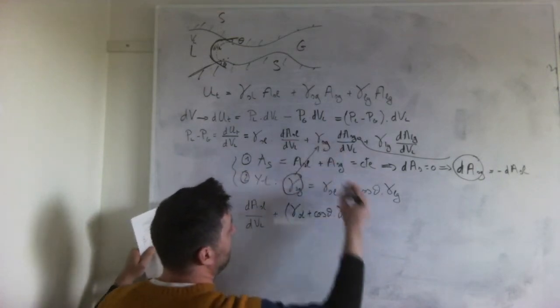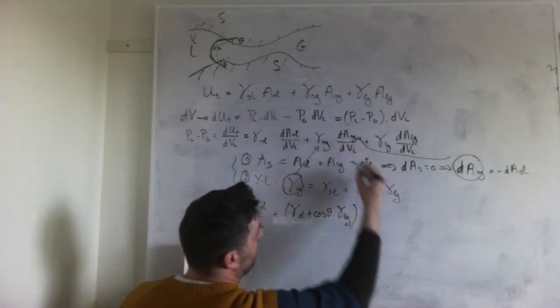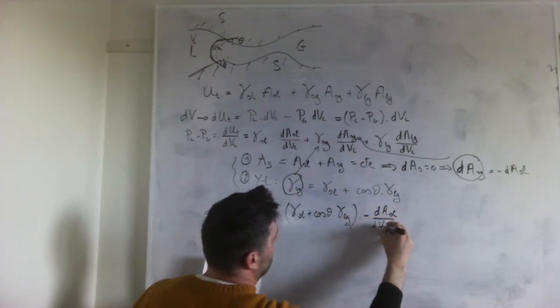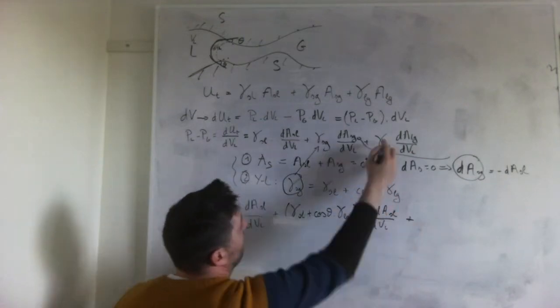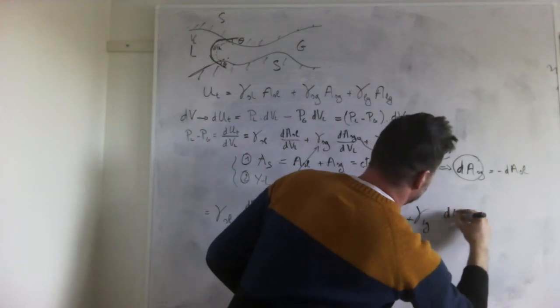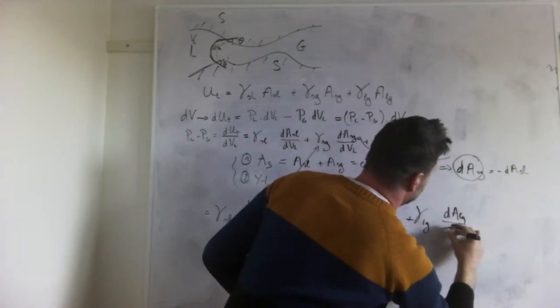So that's this one here times minus dA solid liquid over dVl. And then I have, of course, my last term that remains unchanged: gamma liquid gas times dA liquid gas over dVl.